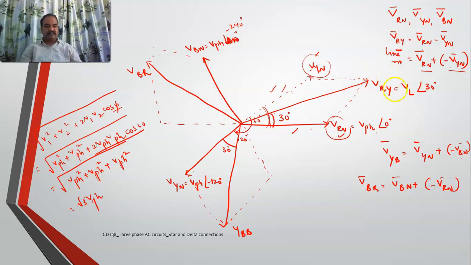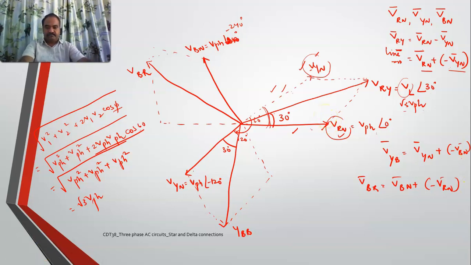Which means that its magnitude is root 3 V phase. If both these quantities have V phase magnitude, then the line resultant will have root 3 V phase as its magnitude and its angle is 30 degrees. Understood? For your sake, I'll draw it again.